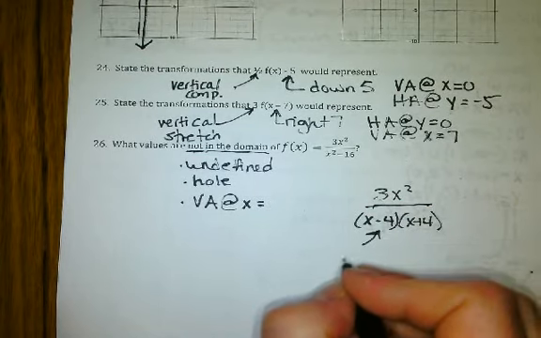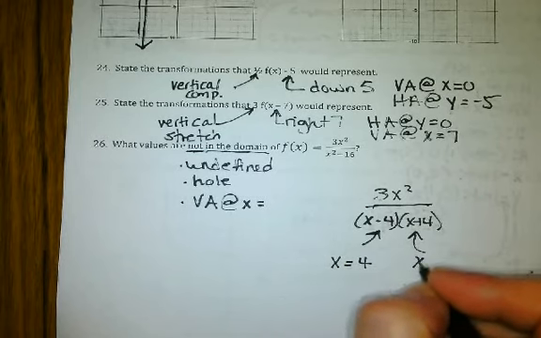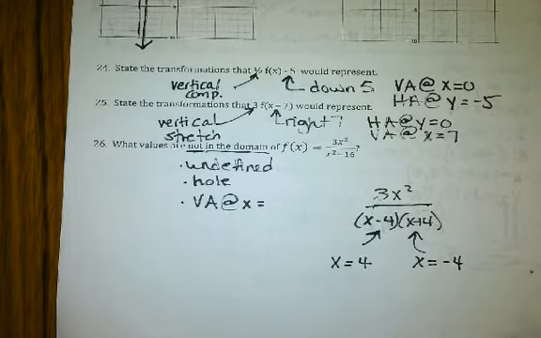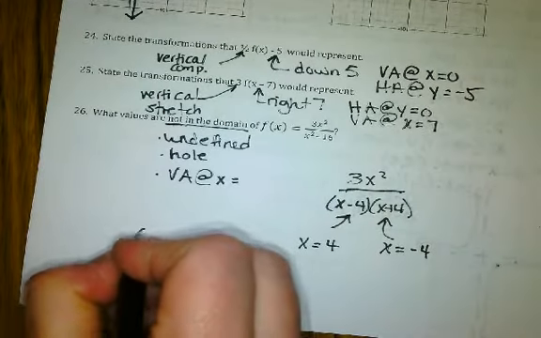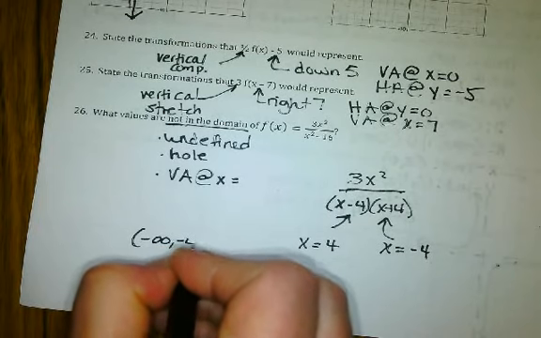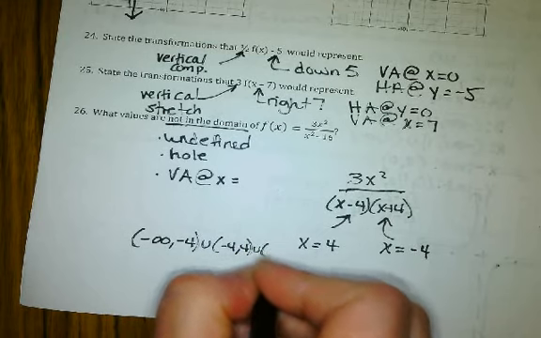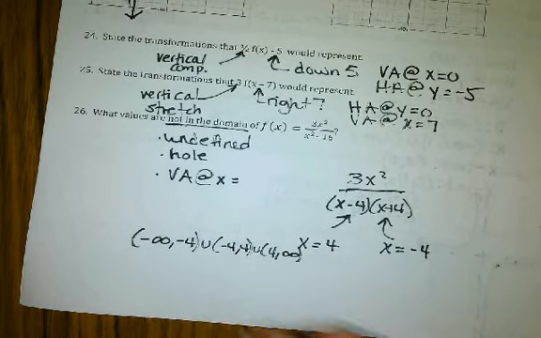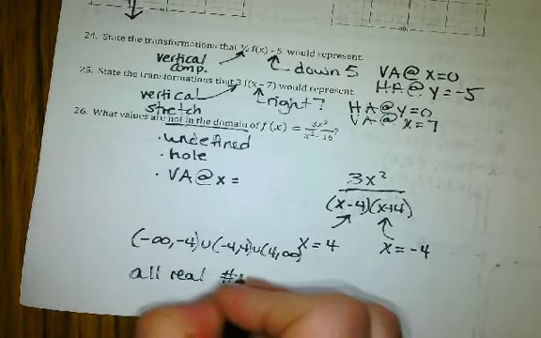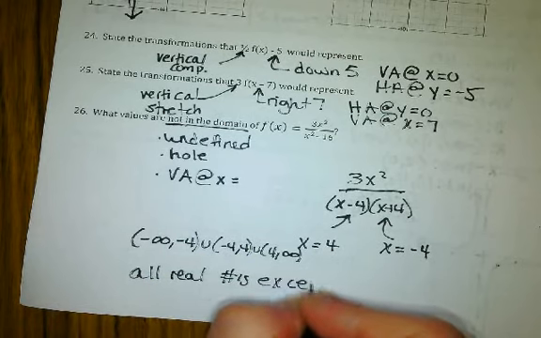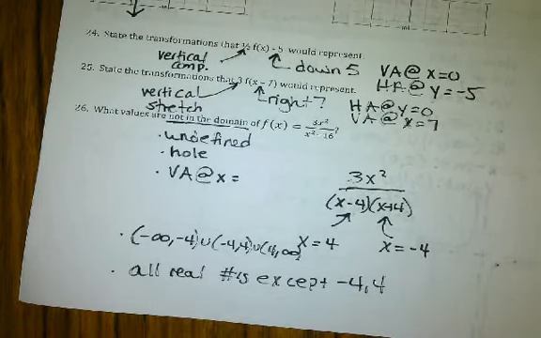So for this one, I would have a vertical asymptote at x equals 4, and for this one, I'd have a vertical asymptote at -4. So I could say -infinity to -4, and then -4 to 4, and then 4 to infinity. Or I could say all real numbers except -4 and 4.